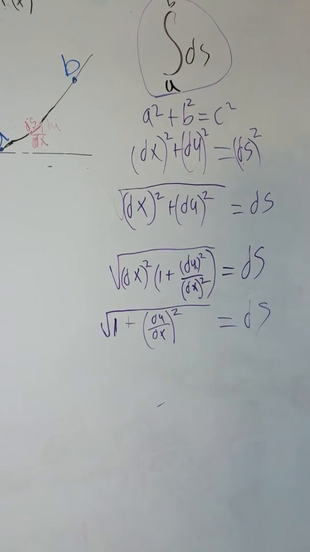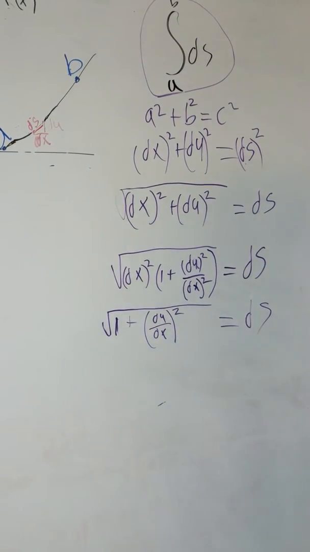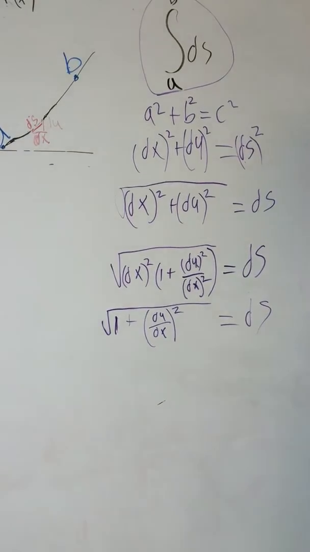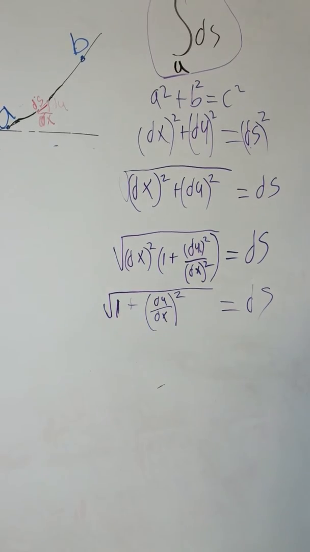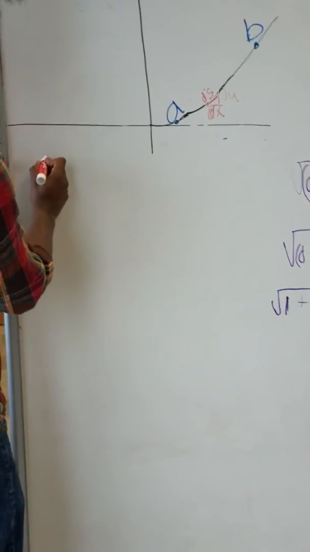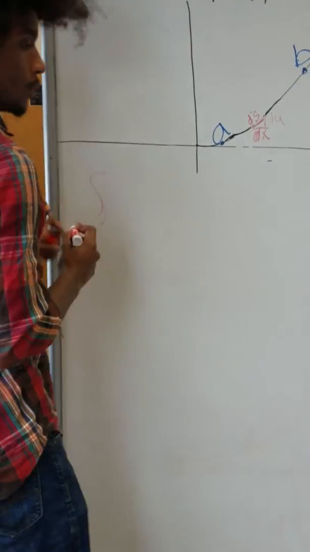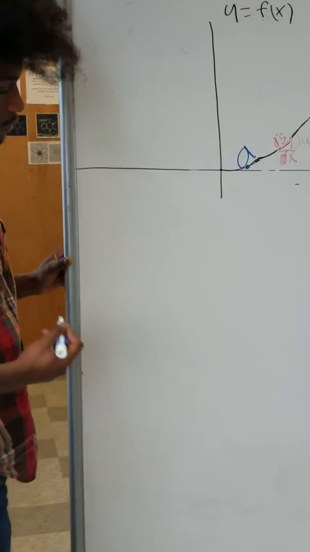Very convenient because we can plug it in to here. And now we have a full integral that we can integrate. Let me just rewrite that for y'all. And I put the dx down.